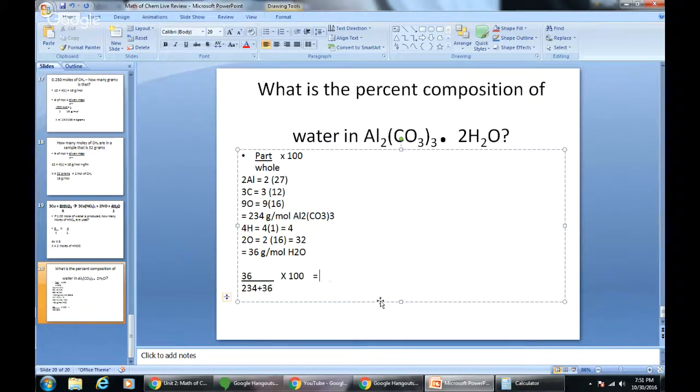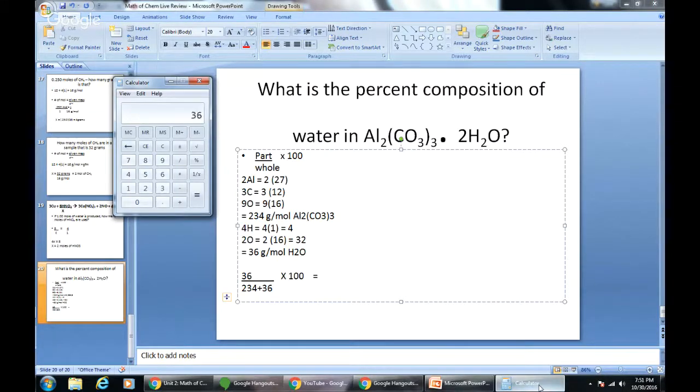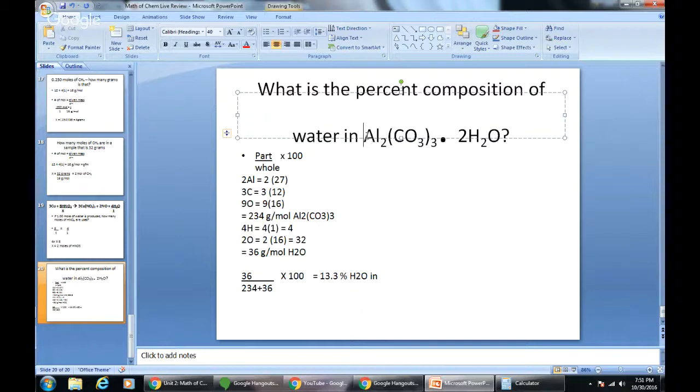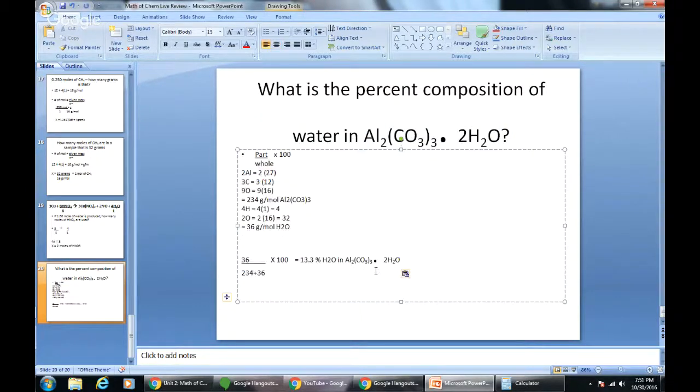So 36 divided by 270 equals 0.133, times 100, 13% H2O in this salt, this hydrate.